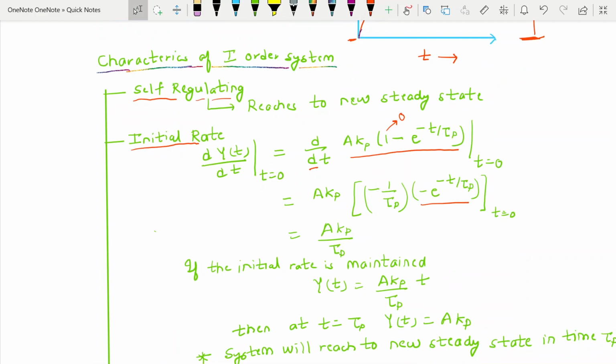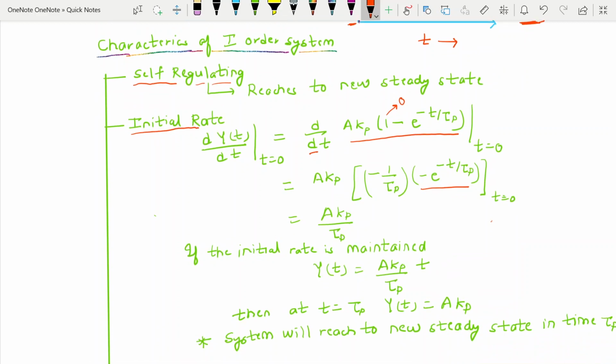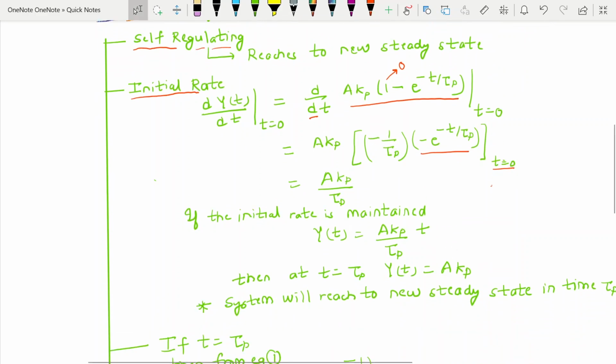Okay, now if I put t equal to 0 here, then it becomes A Kp upon τp. तो फर्स्ट ऑर्डर सिस्टम के रिस्पॉन्स का स्टेप चेंज के लिए अगर हम इनिशियल रेट कैलकुलेट करते हैं, दैट मीन्स स्लोप एट टाइम t इक्वल टू 0, देन इट कम्स आउट टू बी A Kp अपॉन τp.